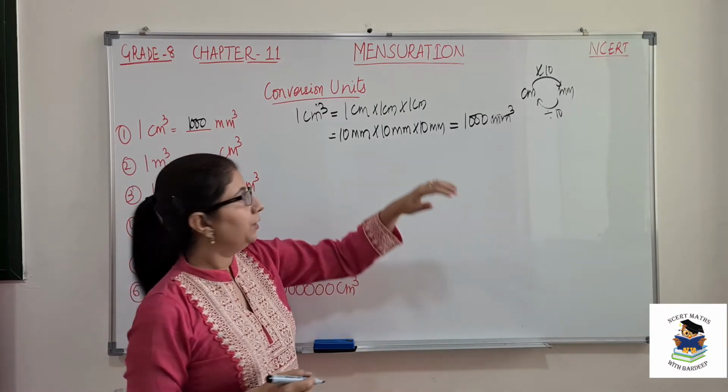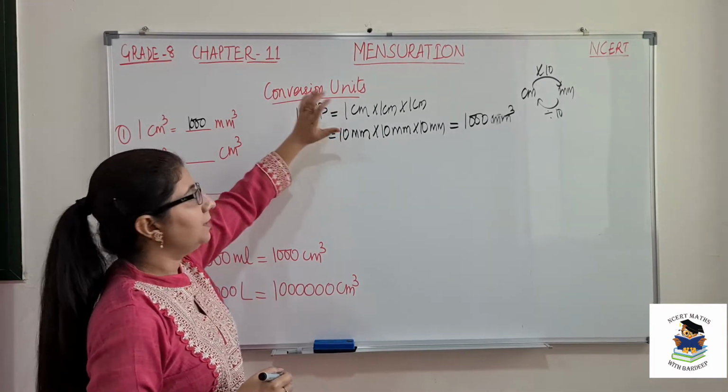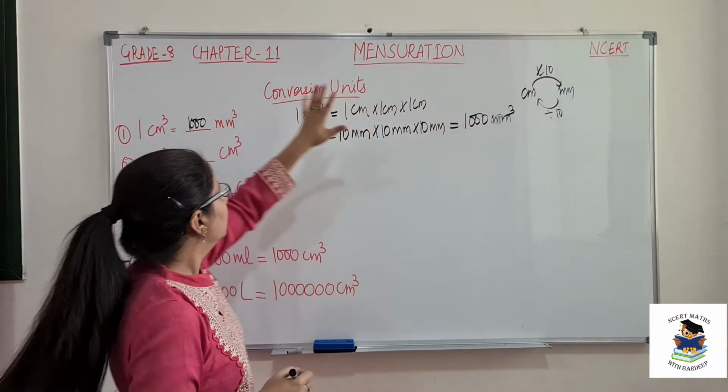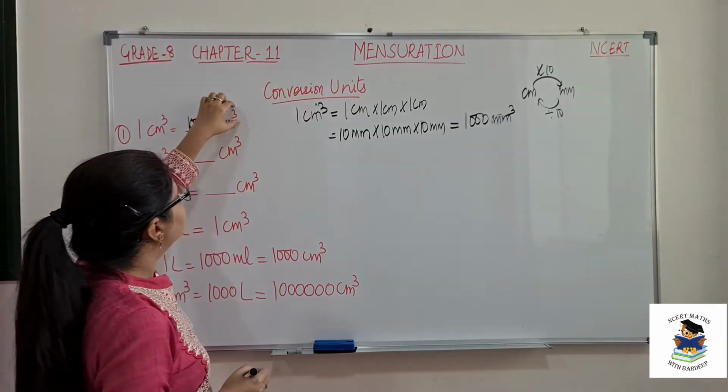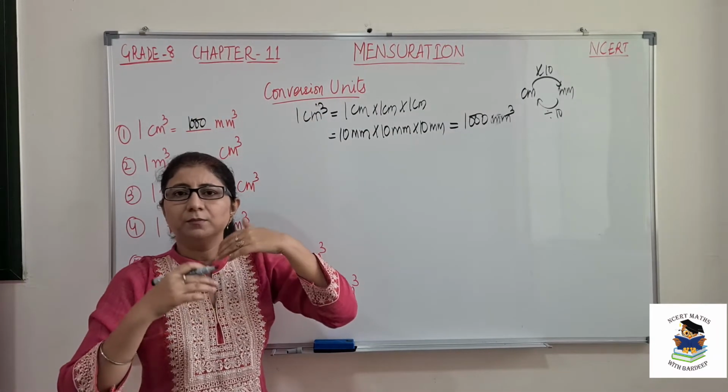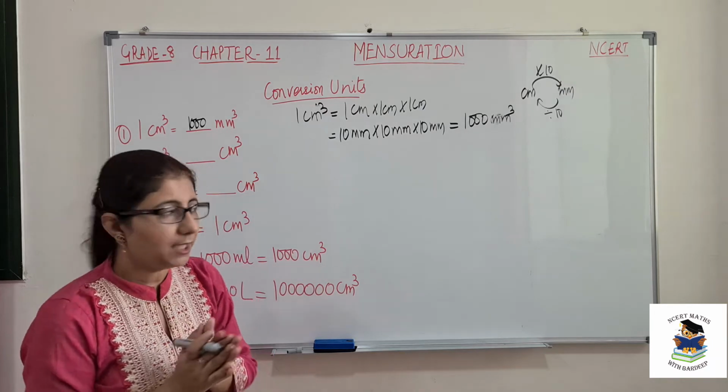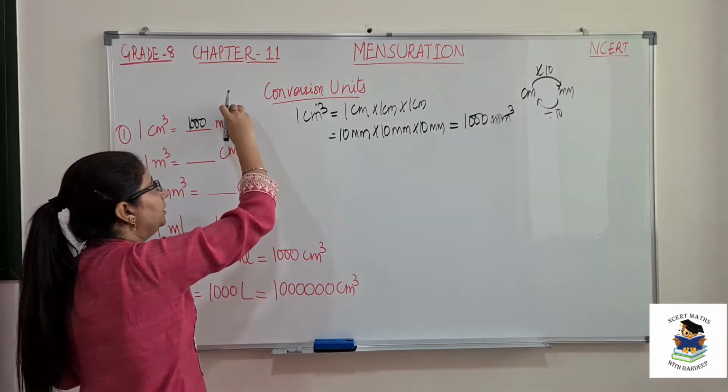So 1 centimeter cube is equal to 1000 millimeter cube. Mostly what students will do is say 1 centimeter is equal to 10 millimeter, so they don't consider the cube, that is, 10 is to be multiplied with itself 3 times because units are in cube.